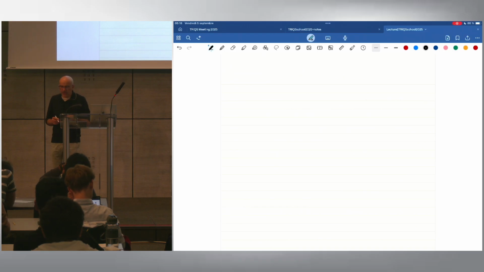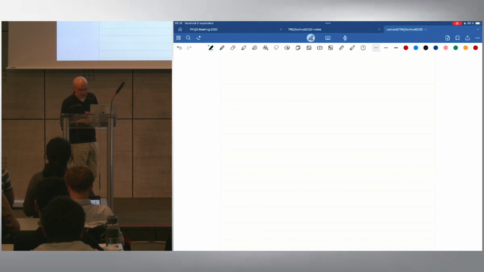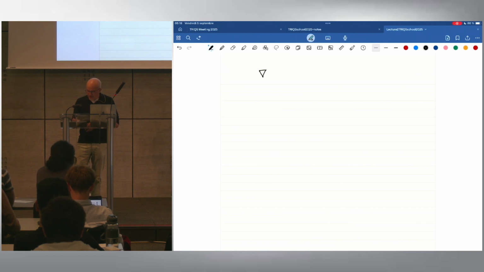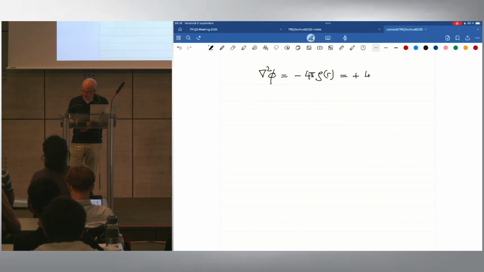The Poisson equation relates the electrostatic potential created by the charge density to the charge density itself. And with these conventions, it's given by Laplacian phi, where phi is the electrostatic potential, equal to minus 4 pi rho of r. For adepts of the SI units, it would be minus rho of r over epsilon naught, right? And this is plus 4 pi n of r.